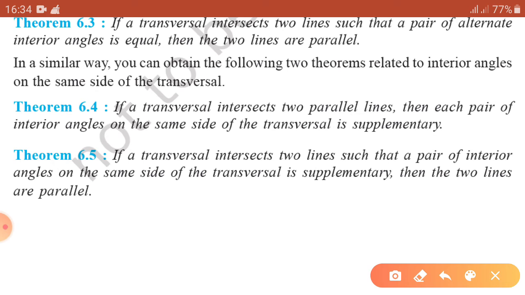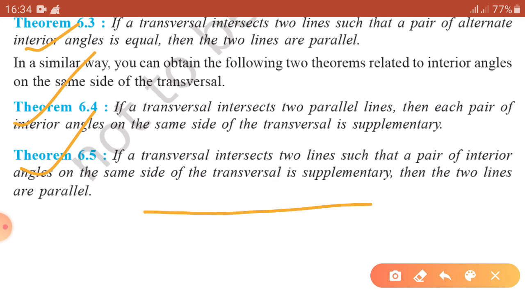So we talked about theorems 6.3 and 6.4. Now theorem 6.5: if a transversal intersects two lines such that a pair of interior angles on the same side of the transversal is supplementary, then the two lines are parallel.